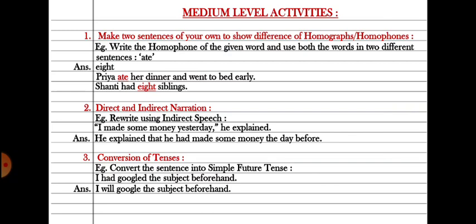Now, let's have a look at some of the different types of questions included under medium level activities. Question number 1. Make 2 sentences of your own to show difference of homographs or homophones.